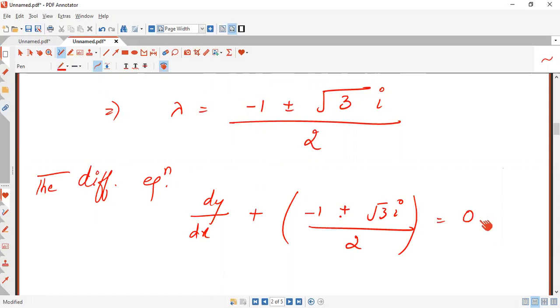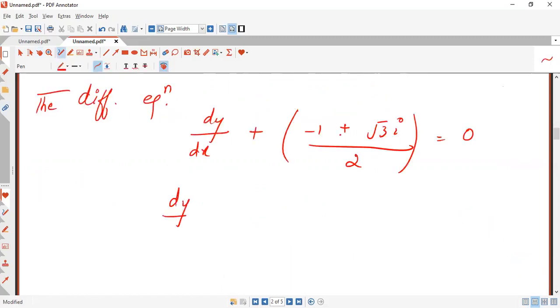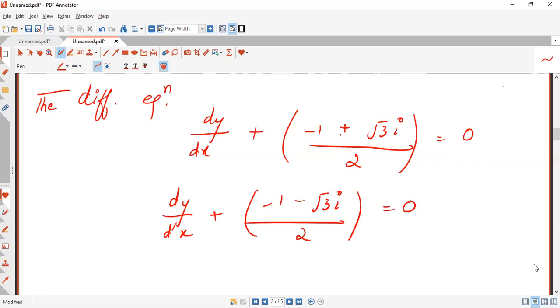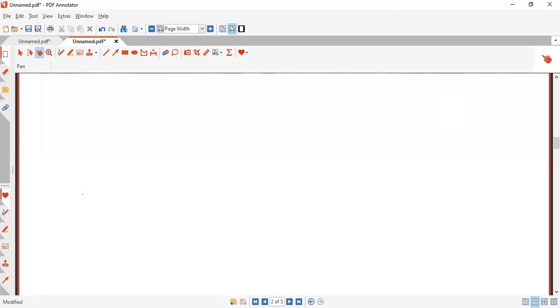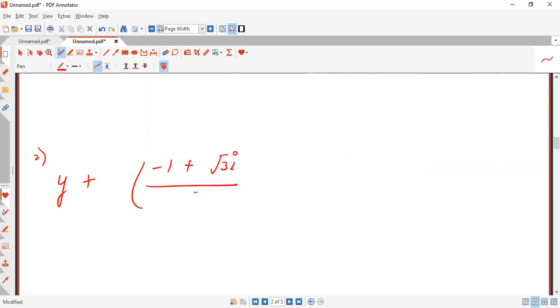And the second will be dy by dx plus minus 1 minus root 3 iota upon 2. Right. Solving this, see, this iota term is basically a constant term. So it will become y plus minus 1 plus root 3 iota upon 2 of x equals to c.